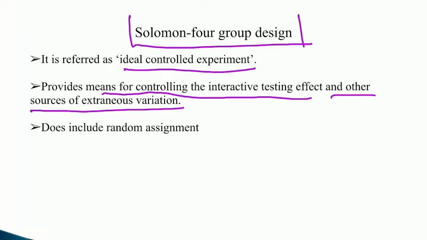All the parameters related to your experimental research have to be taken into consideration, otherwise it will affect your results, and it can be said that your results are biased and one cannot generalize them. So this design minimizes all the extraneous variations and the testing effects, and it includes random assignment. Obviously, when we say this is an ideal controlled experiment, it surely goes for random assignment.